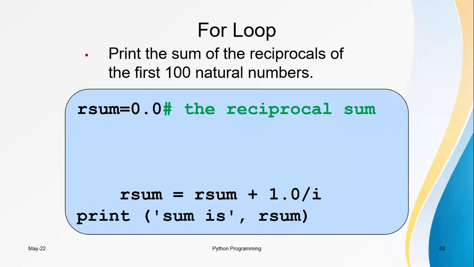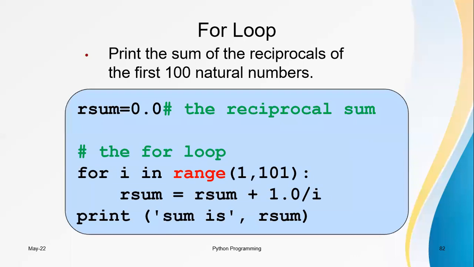Now, when I use this for loop, for I in the range of 1 to 101, sum is equal to sum plus reciprocal. Okay, this one statement, that's all. Or you use I. Okay, somebody has used K. Whatever, it's fine. It's simple. But this is the formula: K is equal to K plus 1 by I.